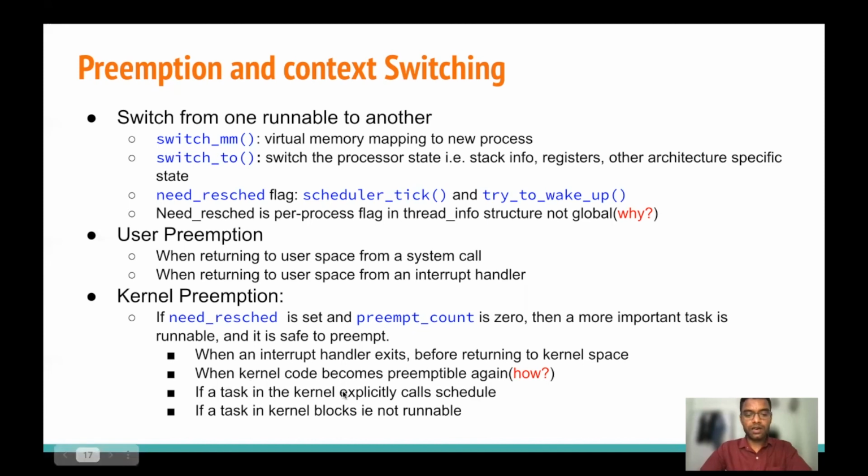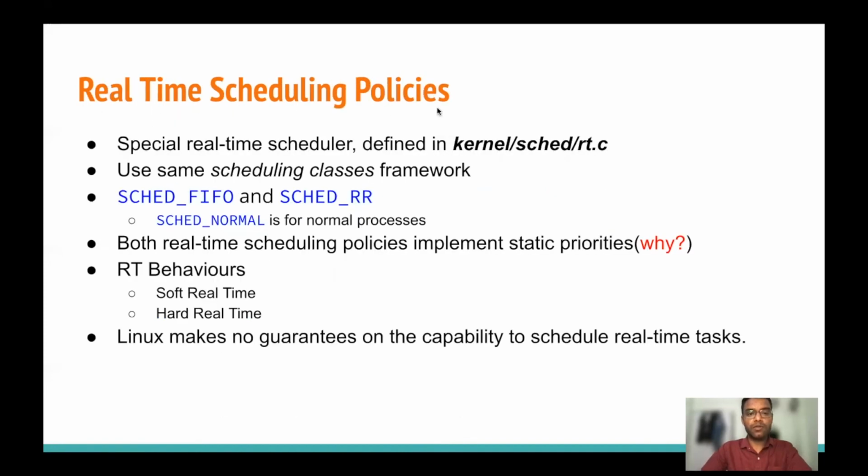If a task in the kernel explicitly calls schedule, then also we can preempt. And again, when a task becomes not runnable, then we can call the schedule function and preempt the currently running task.